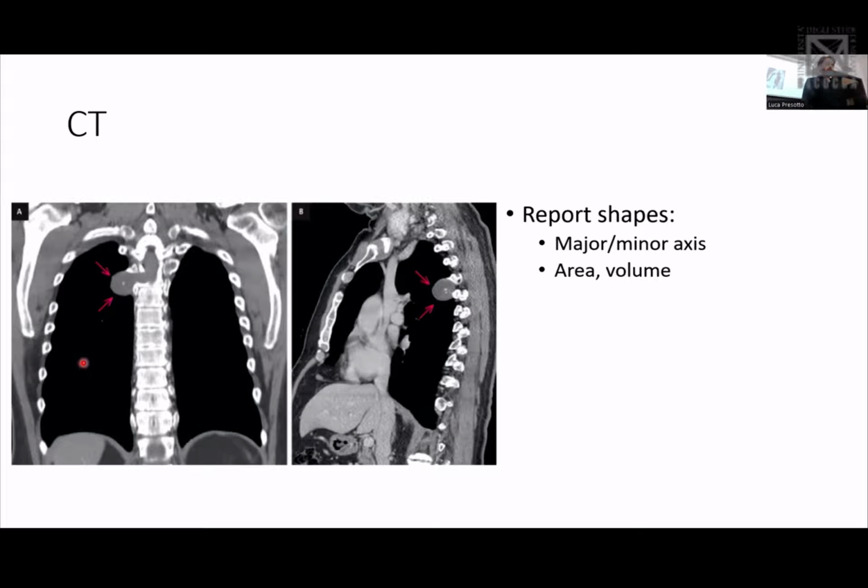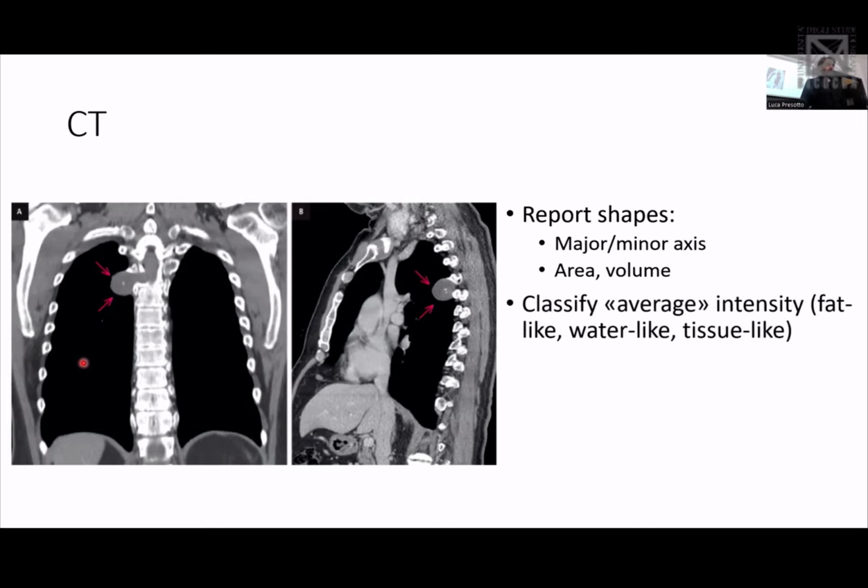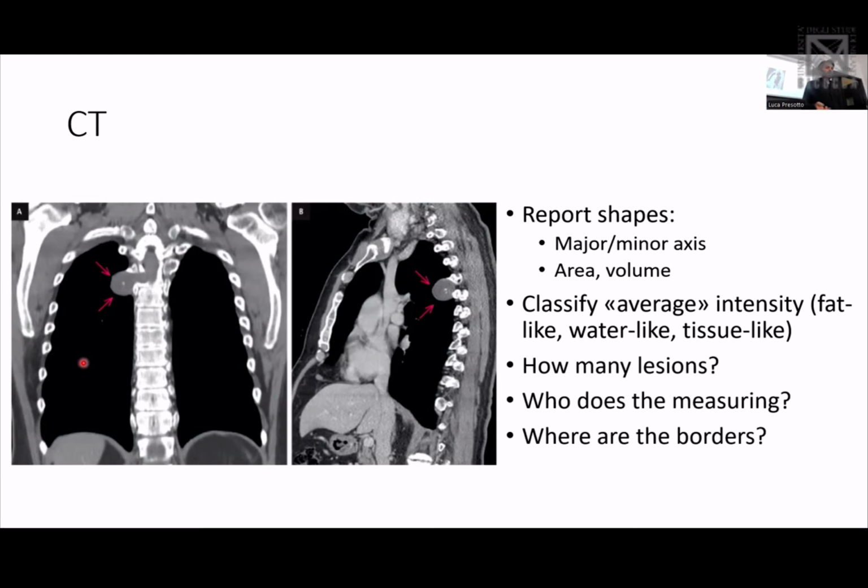And you can also report area and volume. You can also classify the average intensity, even qualitatively: fat-like, water-like, tissue-like. Maybe that's relevant, but you open up a number of questions.